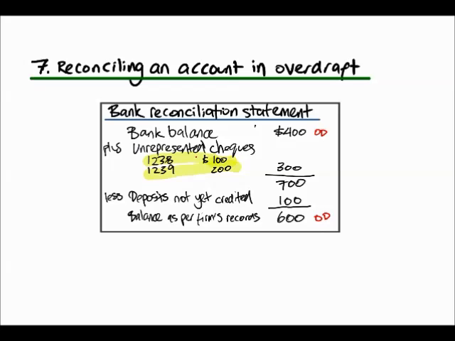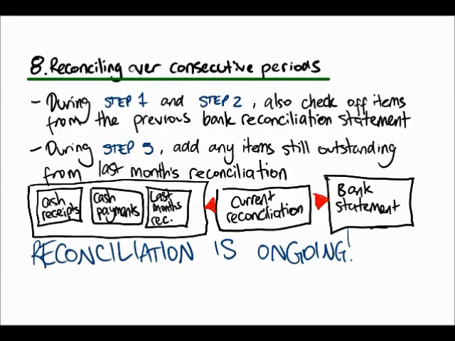So when you come to do your reconciliation, you need to go back to this reconciliation document and tick these off as well. So you go, yep, that's been paid now, that's been paid now. If they haven't presented them, you need to add those two checks to your next month's reconciliation document. So they're still going to be there until the people actually cash the checks.